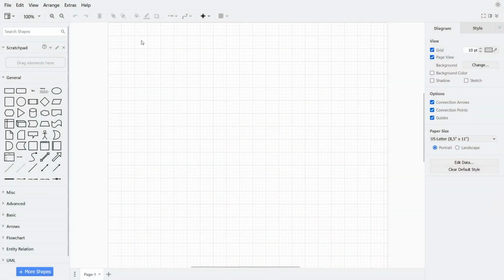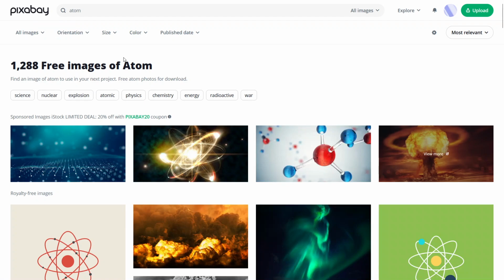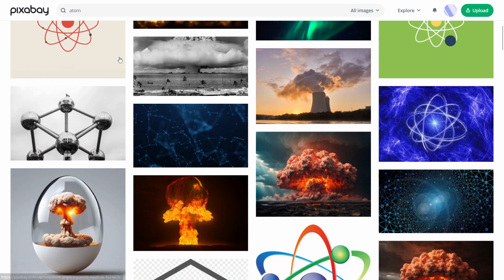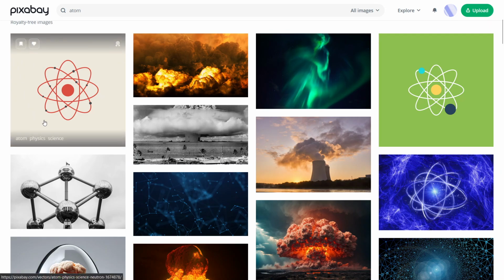So we'll start with the atom. This is the old model of the atom.